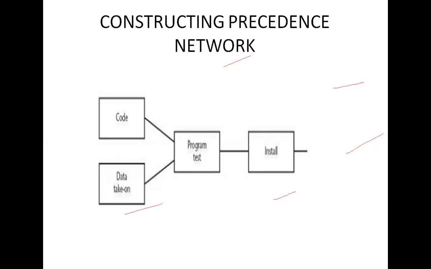A node has duration, and links have no duration. Precedents refer to the immediate preceding activities.